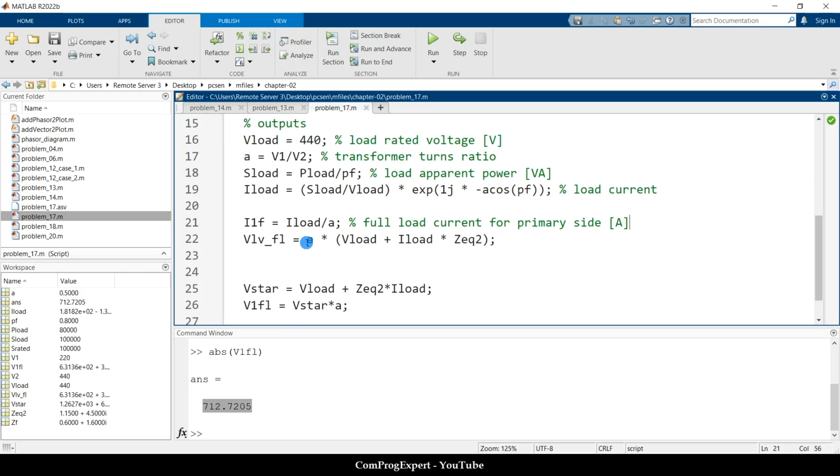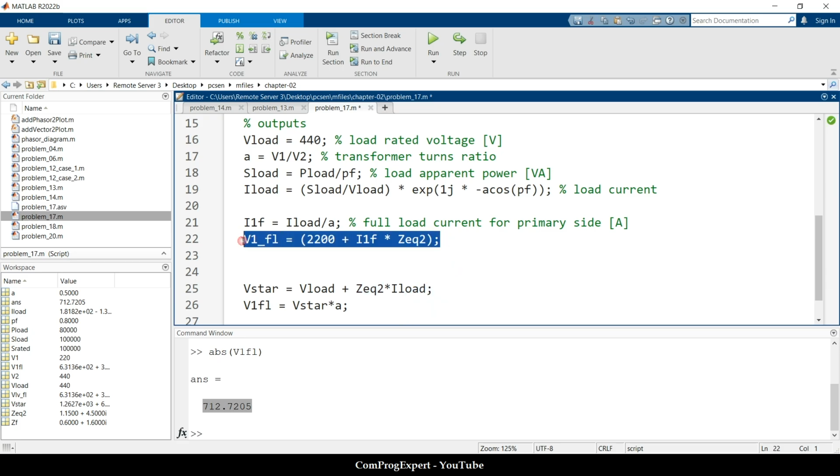I can write this, it is better. V1 full load, we know that the primary side is the high voltage side, that is equal to the referred value, 2.2 kilovolt, plus the current referred to the primary times Z equivalent.